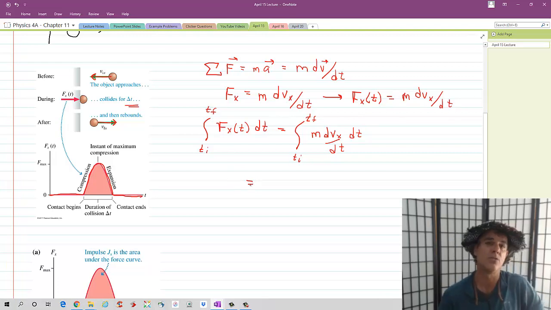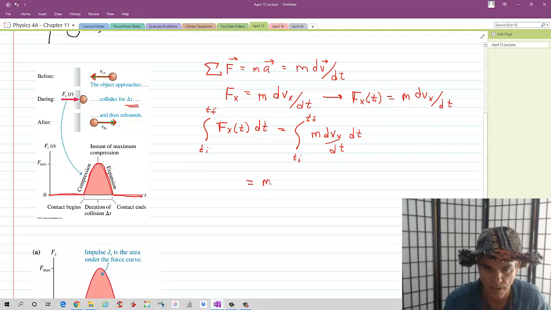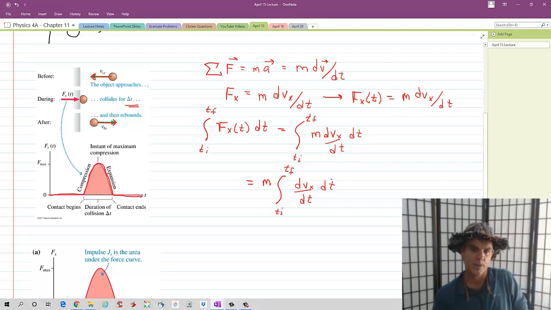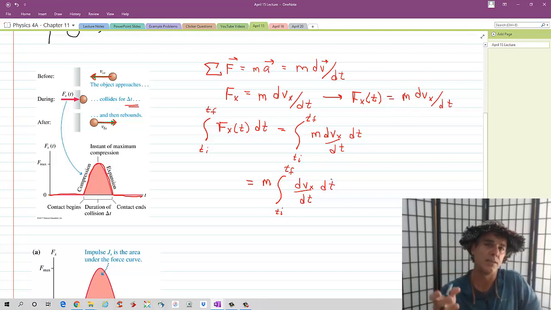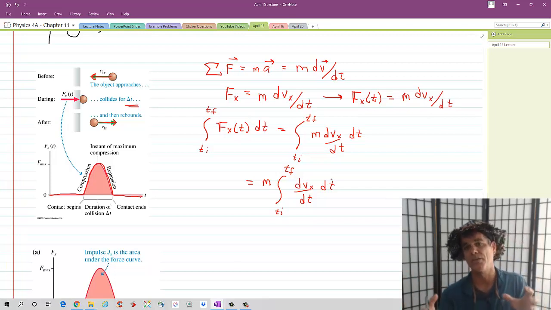We are going to assume the mass is constant and not changing. So what I have is m times the integral from t initial to t final of the derivative of velocity in the x direction with respect to time, integrated dt. The derivative of the velocity with respect to time integrated with respect to time basically gives me the velocity function back.